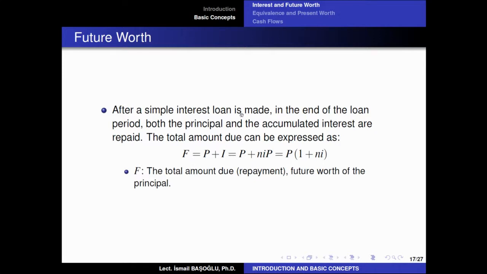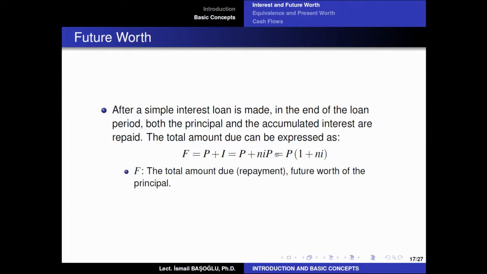Now, in the simple interest calculation, the interest amount I here is calculated as the number of interest periods times the periodic interest rate times the principal amount. Therefore, the principal amount plus NIP gives you the future worth of the borrowed principal.